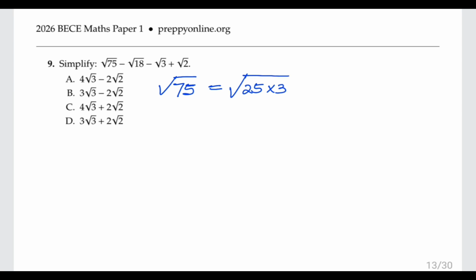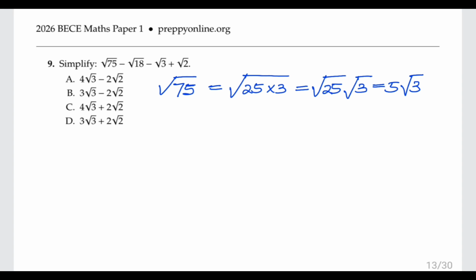And when we write this, we can simplify to get square root of 25 times square root of 3. And because square root of 25 is 5, we get 5 root 3. All right.